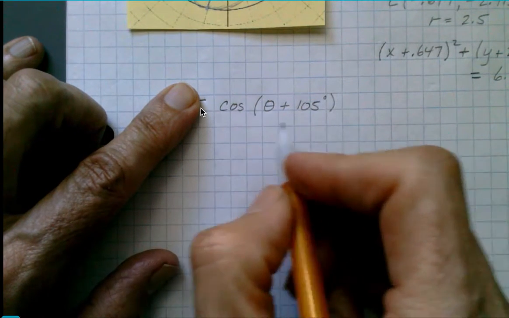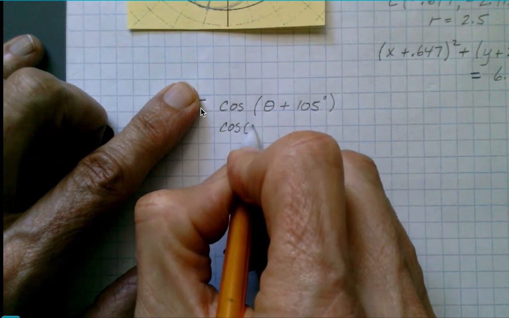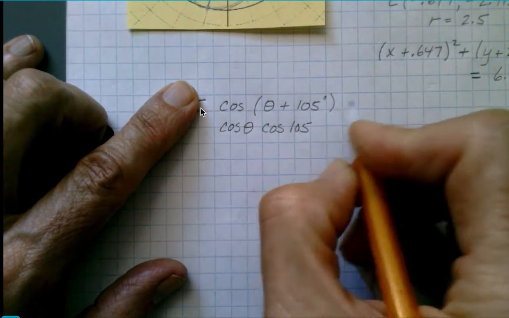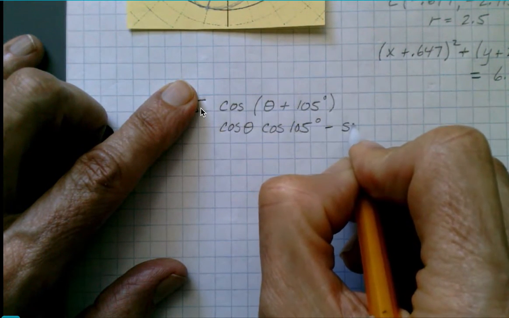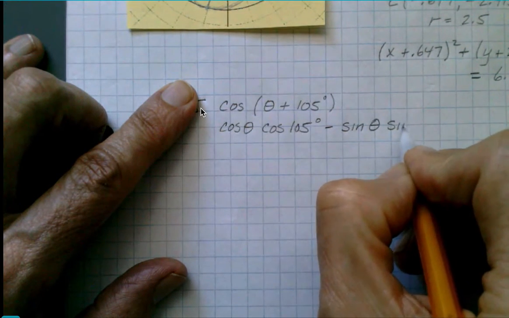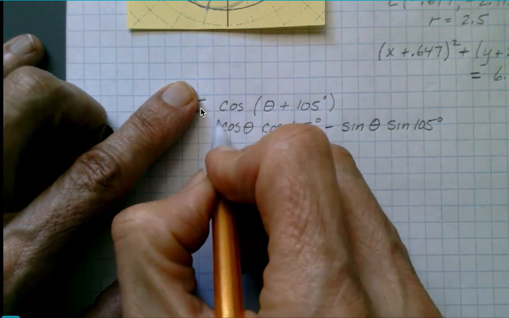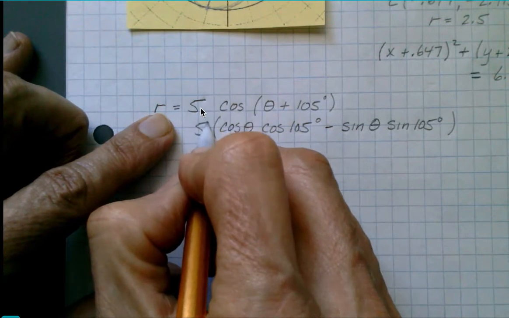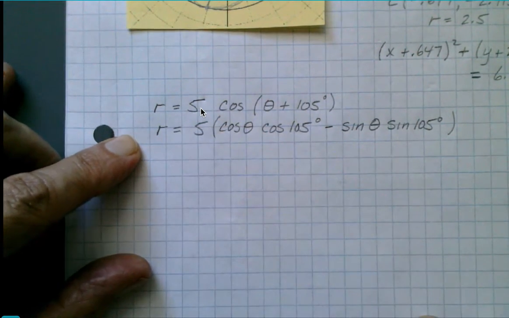So cosine of a sum, that would be cosine of the first, cosine of the second, minus sine of the first and sine of the second. And out in front of all this, of course, is the 5. And I might as well put the r equal to there so I don't forget it.